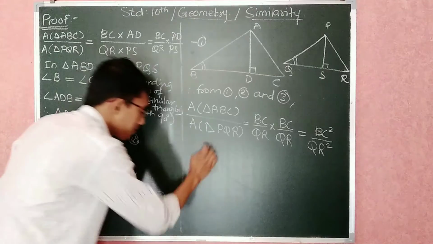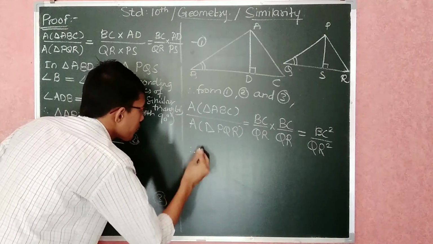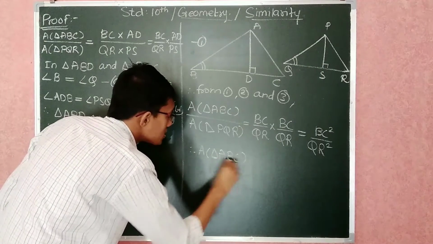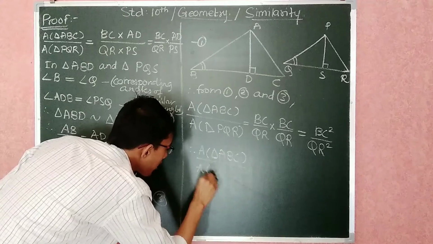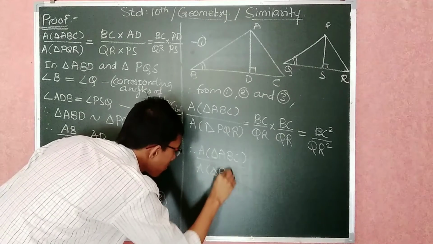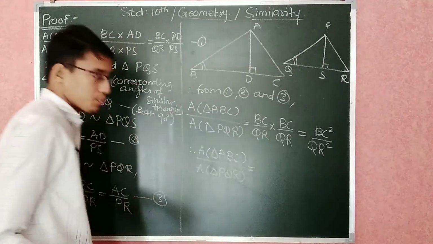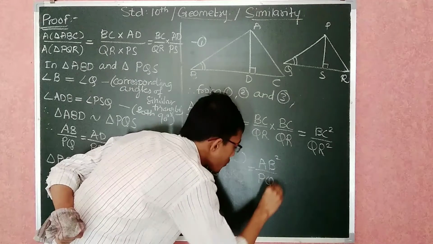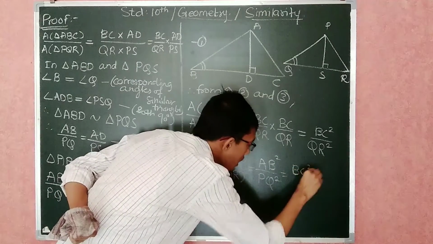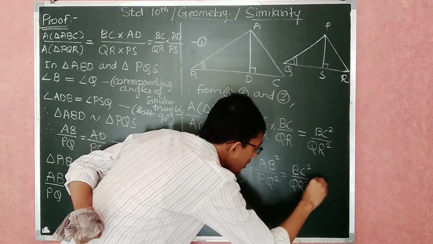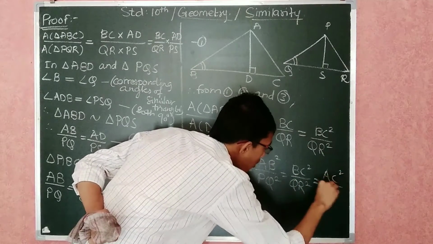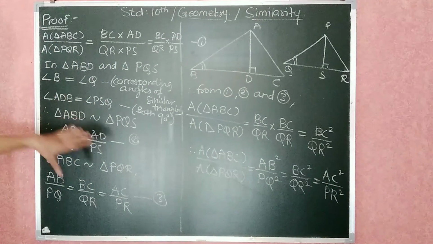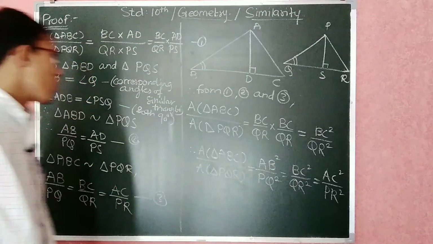So we can write, therefore, area of triangle ABC upon area of triangle PQR is equals to AB square upon PQ square is equals to BC square upon QR square is equals to AC square upon PR square. Okay, so in this way we have got the required proof of the theorem.